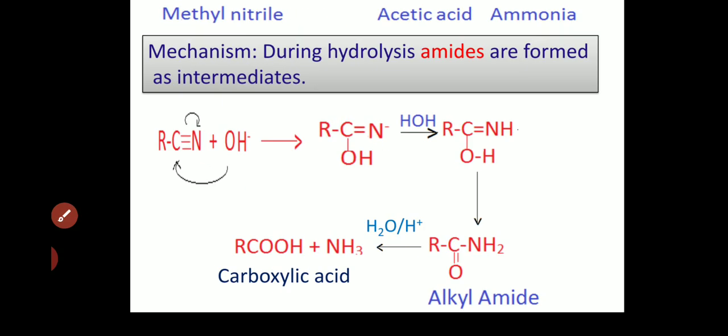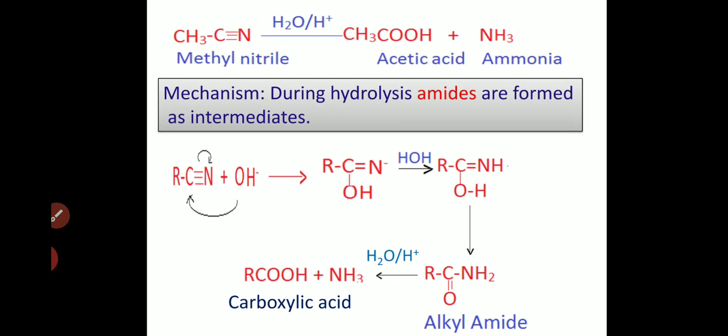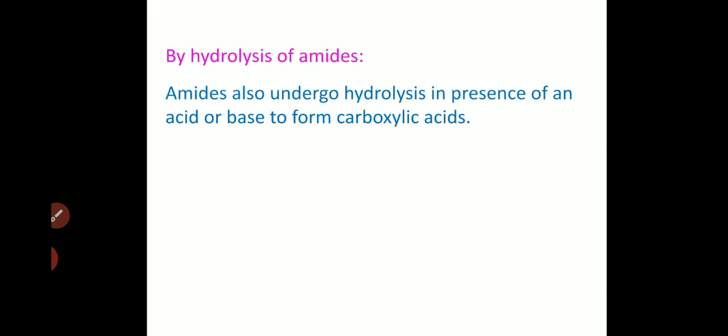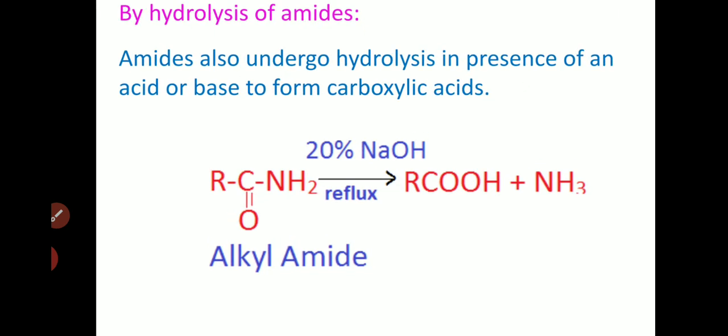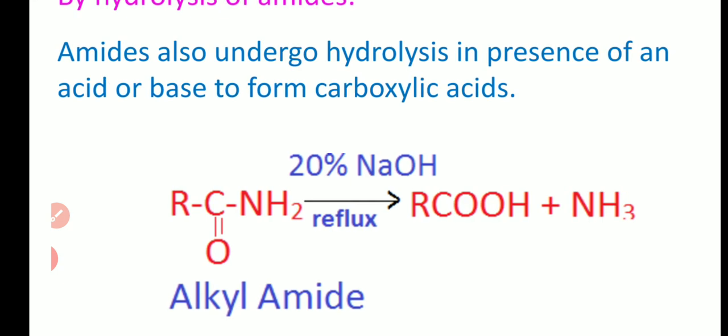Now coming to the second one, by hydrolysis of amides. As we have seen just now, what are amides? RCONH2 are the amides, alkyl amides. On hydrolysis in presence of an acid or base, they form carboxylic acids.